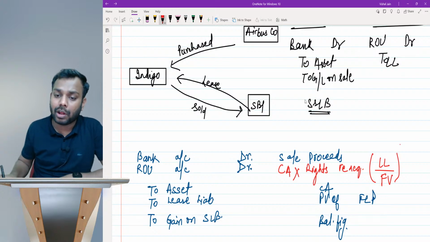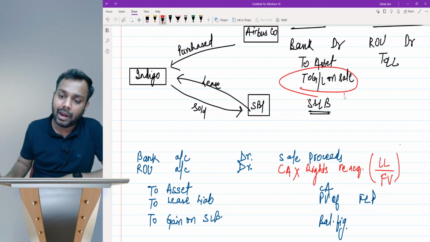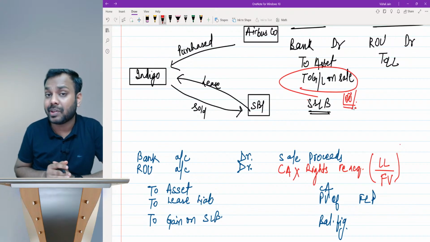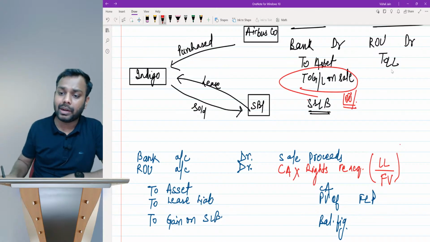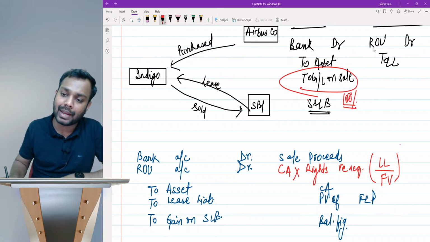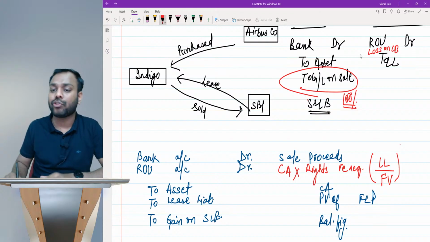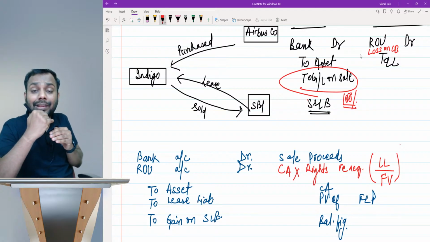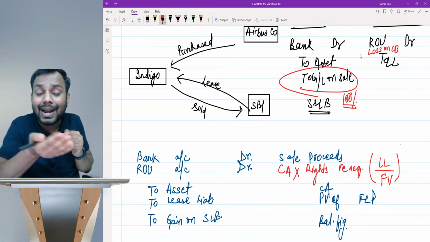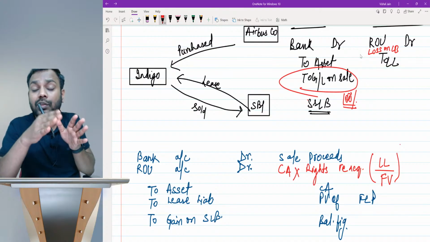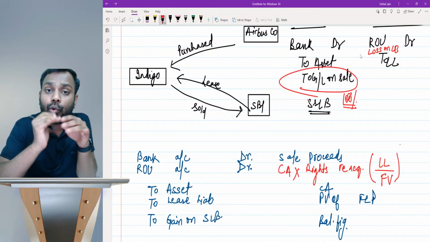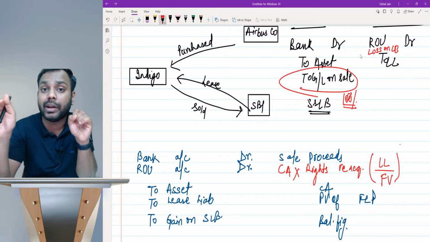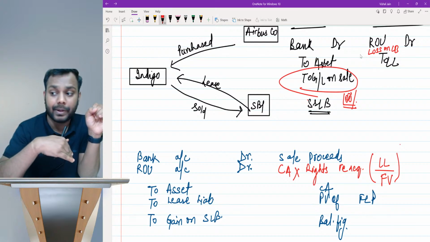This gain or loss on sale represents gain or loss on 100% sale, right? Now here we will reverse, here also we will recognize some loss on lease back, right? Why loss on lease back? We are reversing the gain to the extent of rights that we are reacquiring, because we can recognize gain or loss only to the extent of the rights transferred, not on the rights retained.